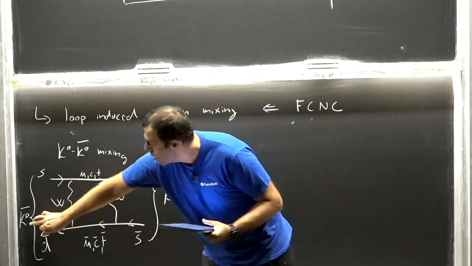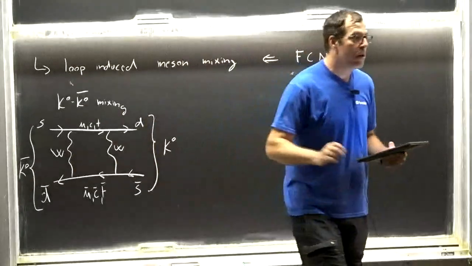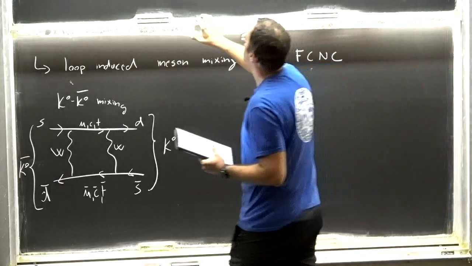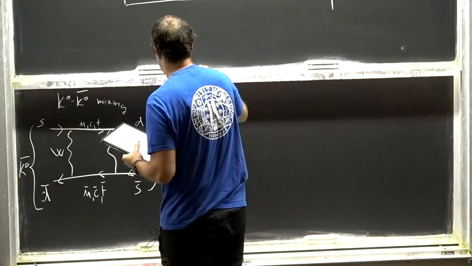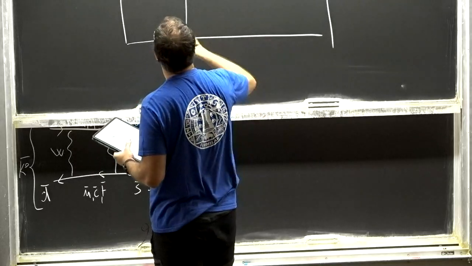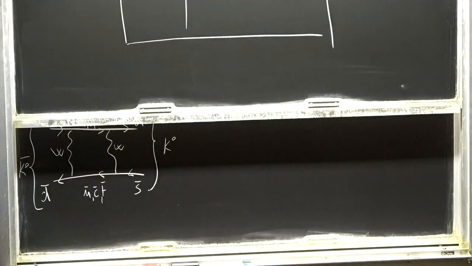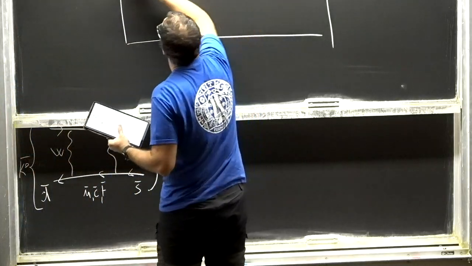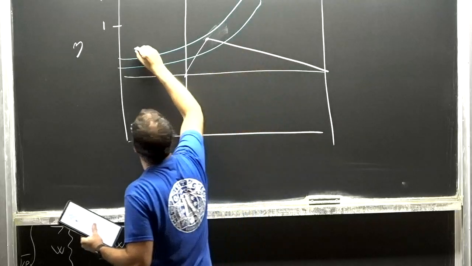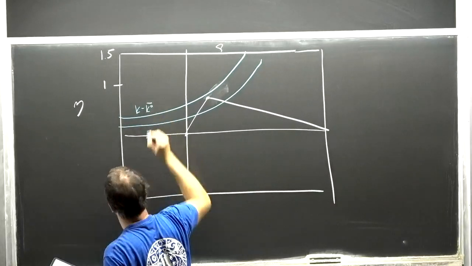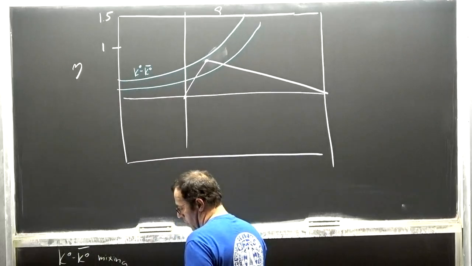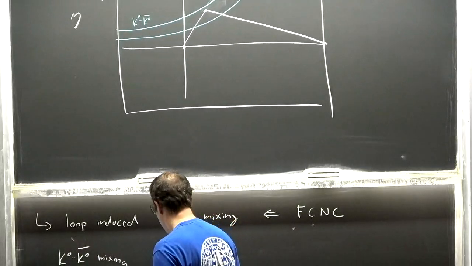It will take a K0 bar meson and convert it into a K0. So on this standard CKM unitarity triangle, this is a band like this. This is K bar mixing.